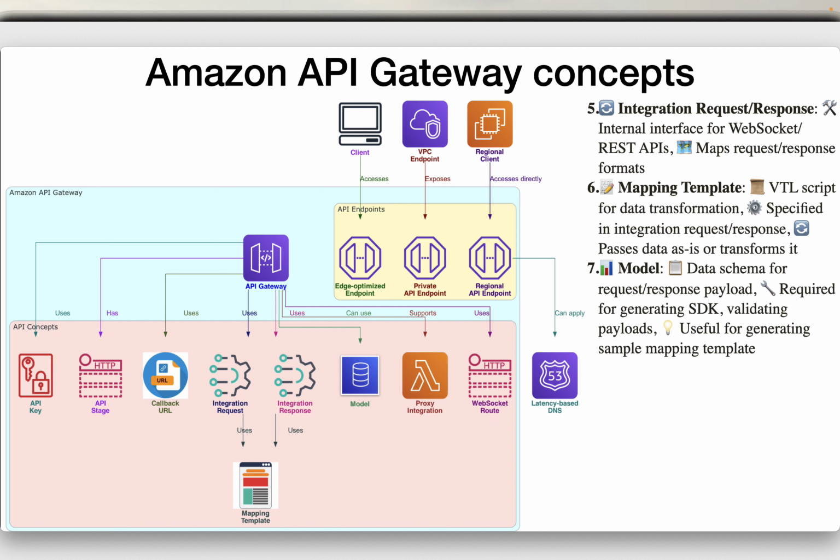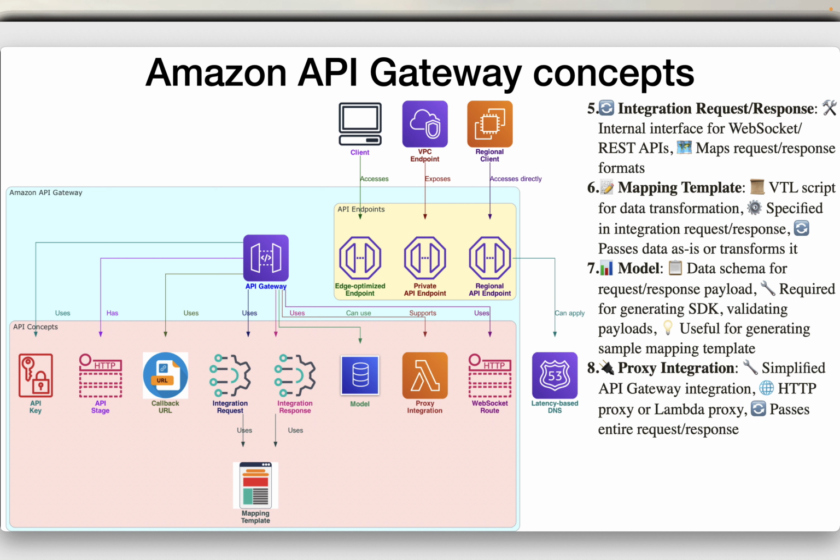Then you have proxy integration, a simplified API gateway integration configuration. You can set up a proxy integration as an HTTP proxy integration or Lambda proxy integration. For an HTTP proxy integration, API gateway passes the entire request and response between the front end and an HTTP backend.